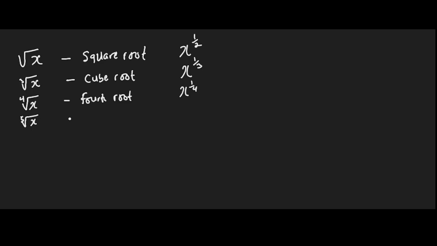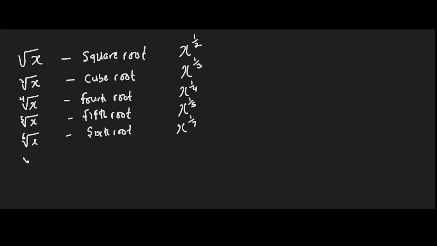If the index is 5, we call it fifth root. That's x raised to power 1 over 5. If the index is 6, we call it sixth root. That's x raised to power 1 over 6.